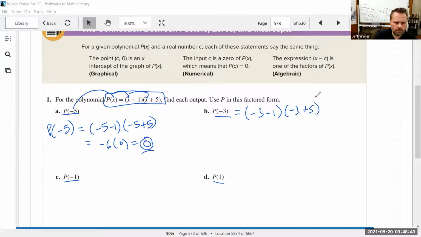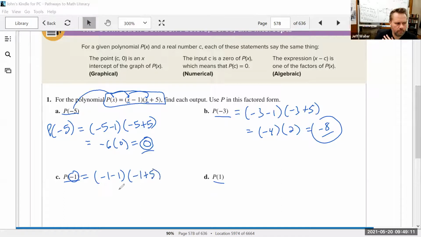So this time I won't get 0. All right, and then two, this isn't too bad, I hope, right? Just plug a -1 in place of x. Gotta be careful, this isn't 0, this is -2. And of course, who's got part D? Did anyone do that yet?